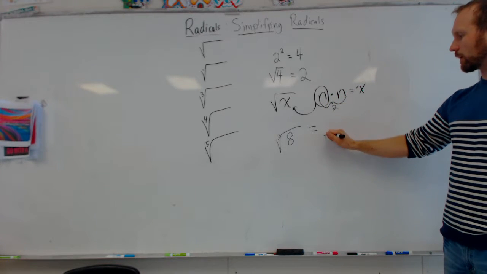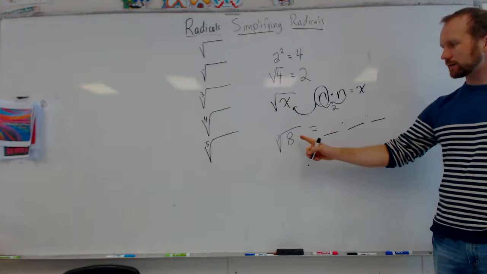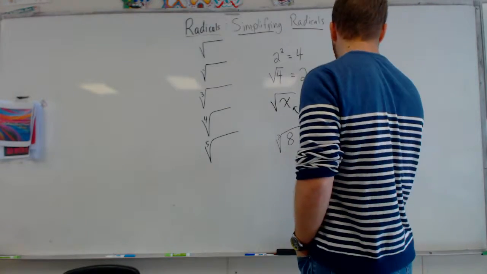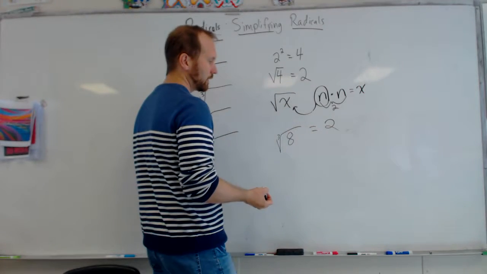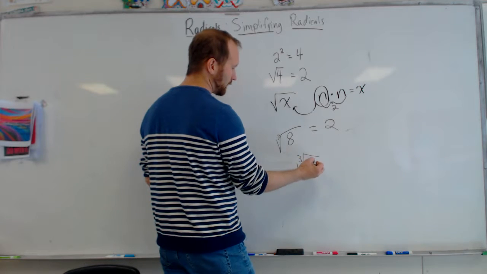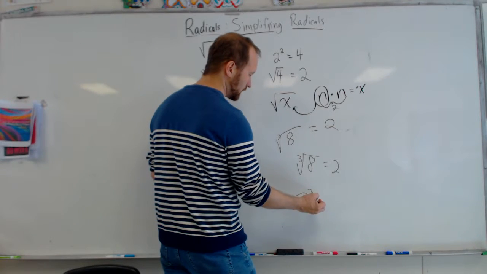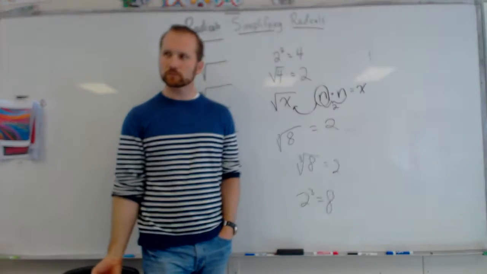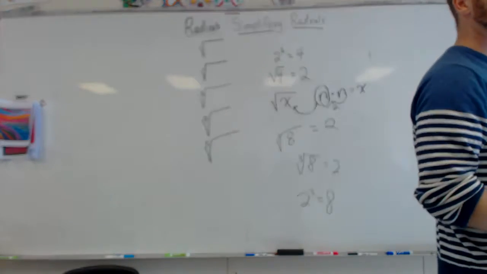Can you think of a number that multiplies times itself 3 times to equal 8? 2. Right? So 2 would be our answer. And you could think of this as the opposite of this, right? If the cubed root of 8 is 2, we know that 2 cubed equals 8.